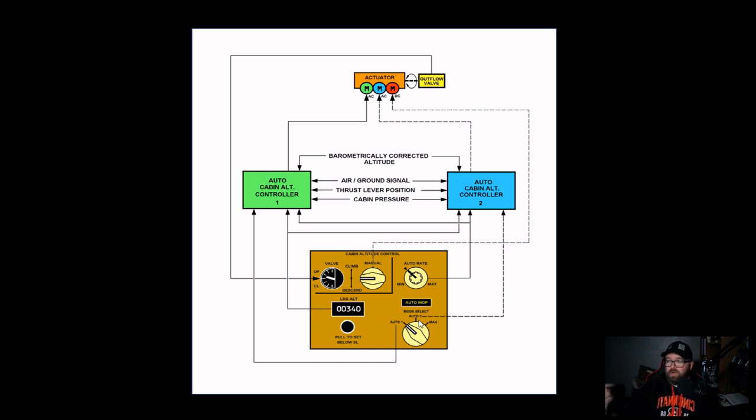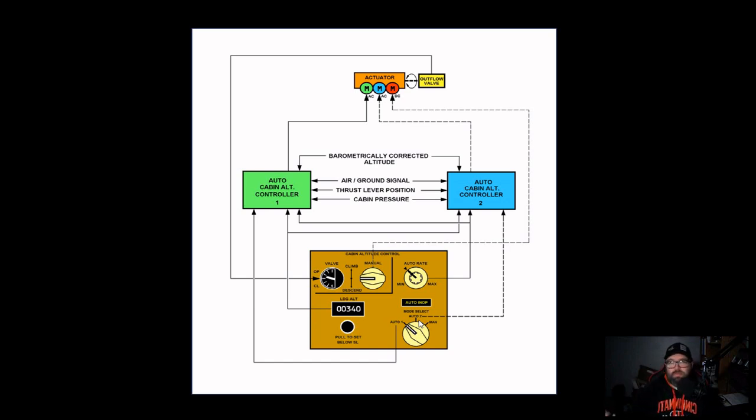Obviously, the air ground signal, that's tied into the self-test, right? So we talked about that if you're in Auto 1 and we land, it automatically tests Auto 2 and vice versa. That is the air ground signal. It has to have a way to know when you're on the ground to be able to do that self-test.